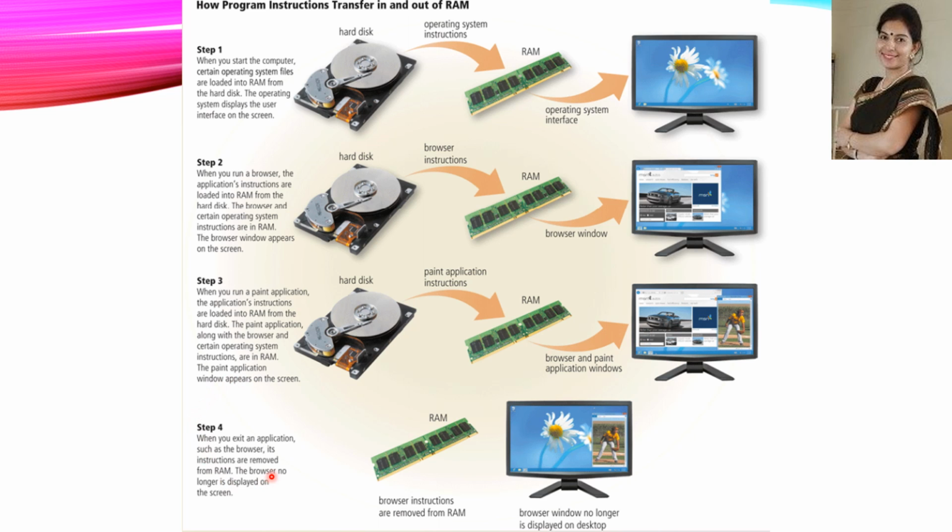Now the last step is when you exit an application, when you click on the close button of a browser, or on the close button of your paint window, what happens? Its instructions are removed from the RAM, and the application is no longer displayed on the screen.